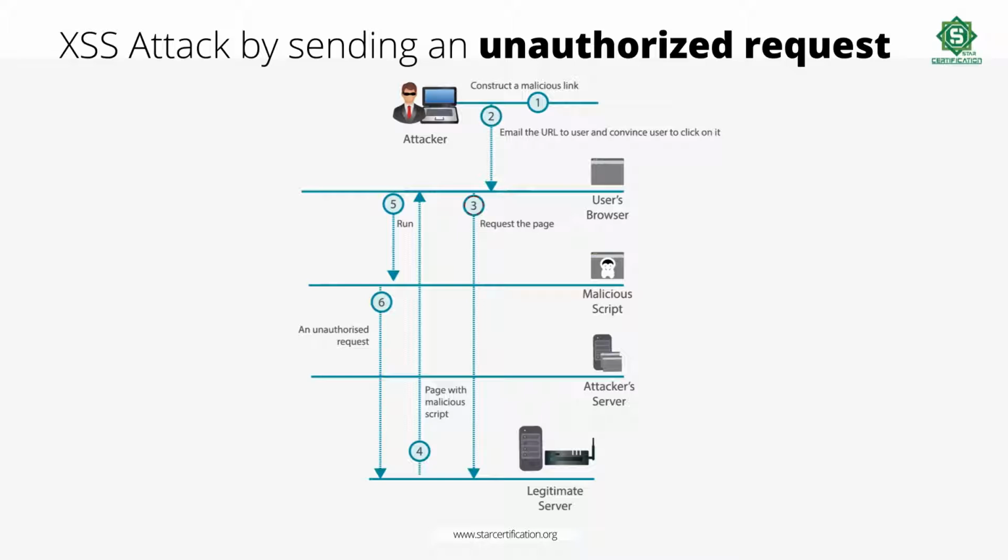When the user clicks on the link, a request is generated and sent to the legitimate server. The page with the malicious script is sent from the server back to the user's browser. The user then runs the malicious script. The malicious code is sent as an authorized request to the server, and the server serves the request thinking it is a genuine request.